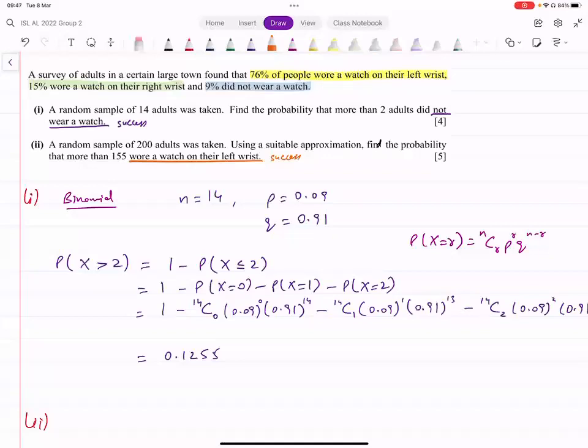Right? And now we've got a sample of 200 adults, more than 155 की probability find करनी. Now, of course, there are going to be a lot of cases, 156, 7, 8, until 200. So बहुत सारे cases हैं, उसको directly करना तो feasible नहीं है. अगर उसने ये ना भी कहा होता कि approximation use करनी है, you would still have to do that, right?